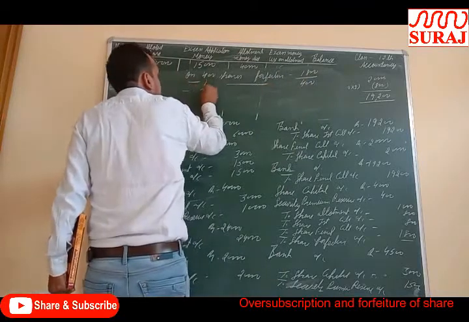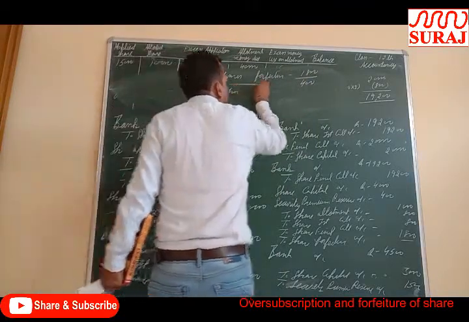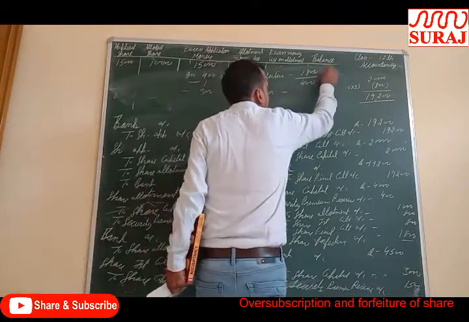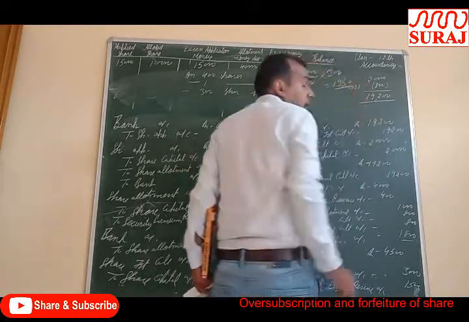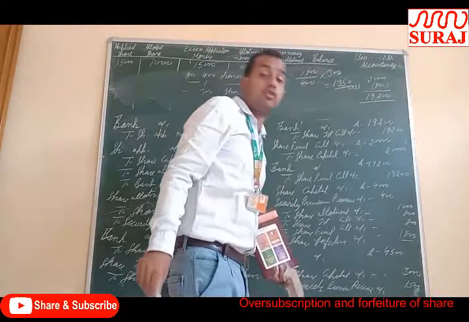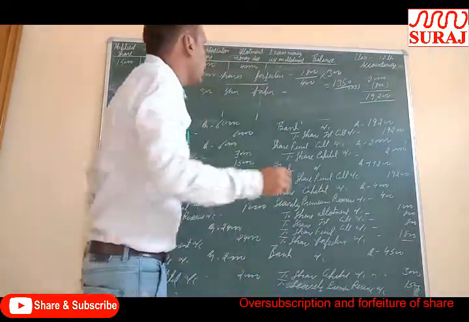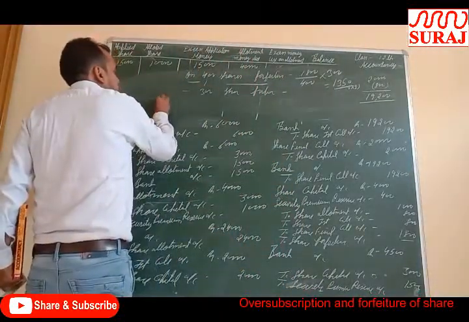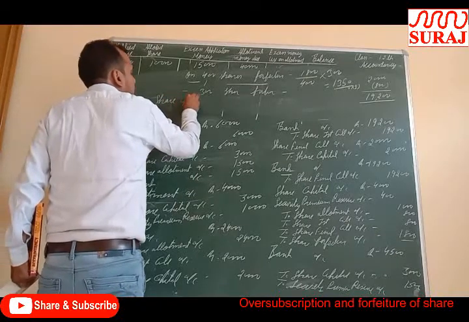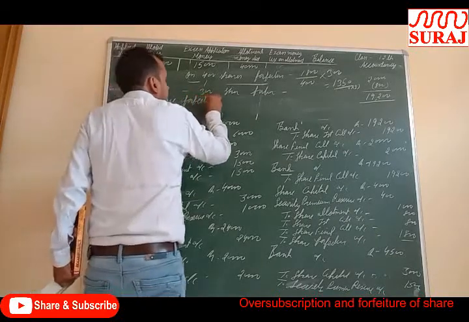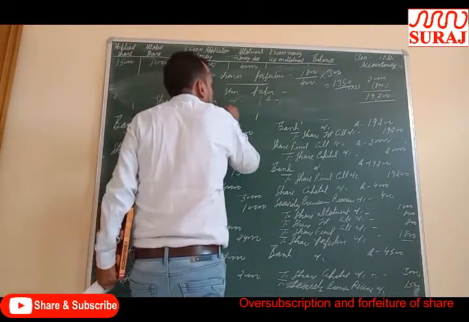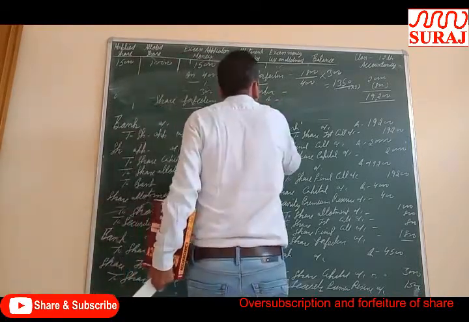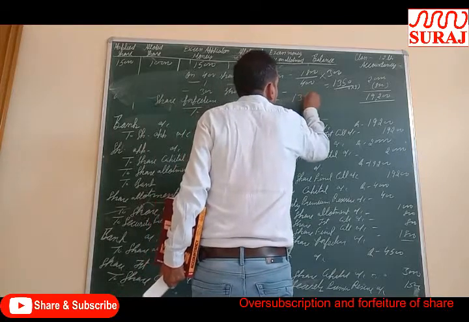On 300 shares, that is multiplied by 300, and the result is ₹1,350. Nothing is used in the reissue, so all the money is transferred to capital reserve: share forfeiture account debit to capital reserve account ₹1,350.